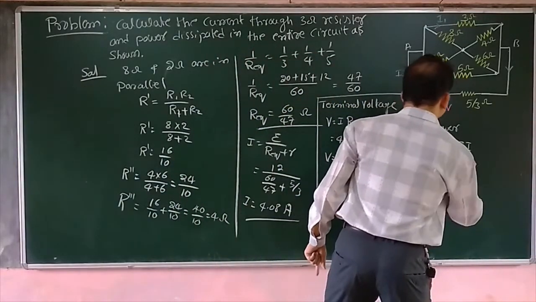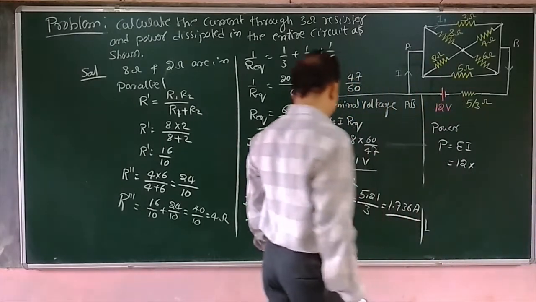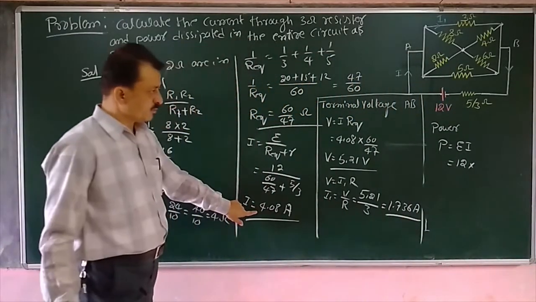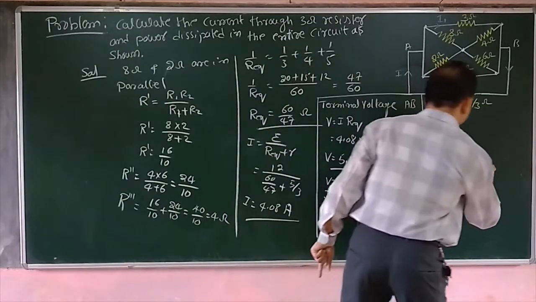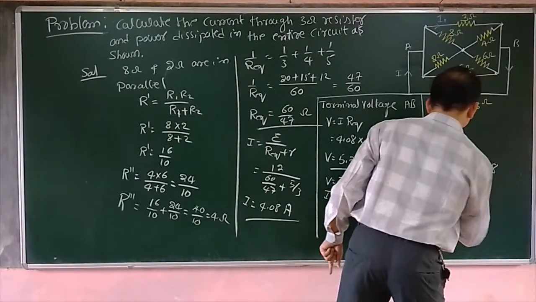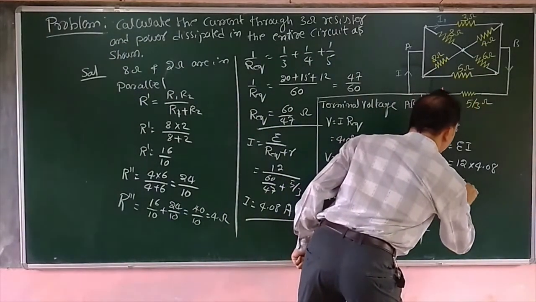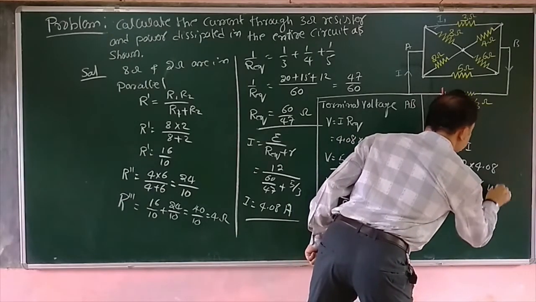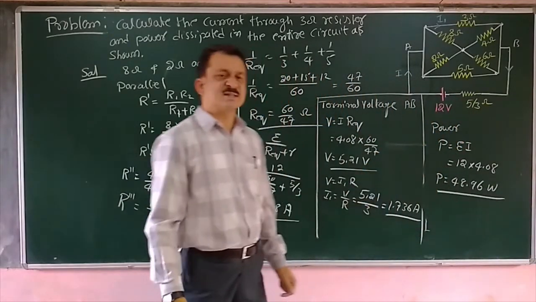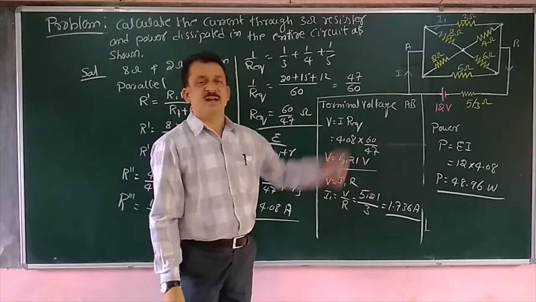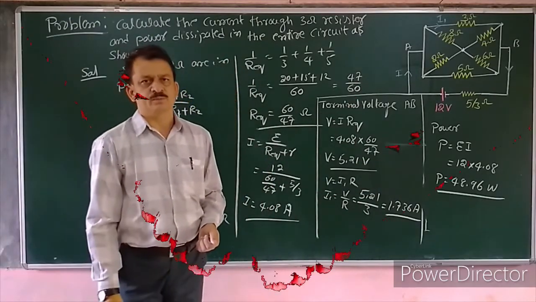Now EMF is 12, multiplied by the main current that we have calculated, 4.08. So P is equal to 48.96 watts. This amount of power is dissipated in the entire circuit.